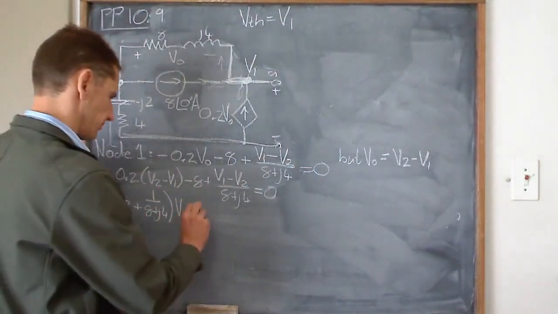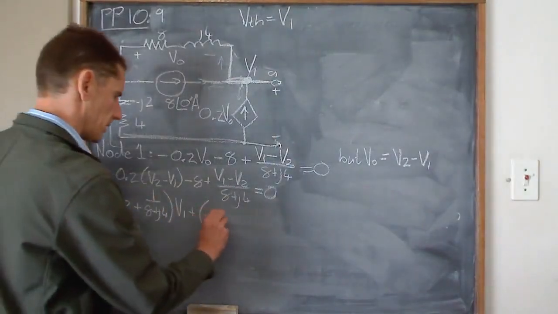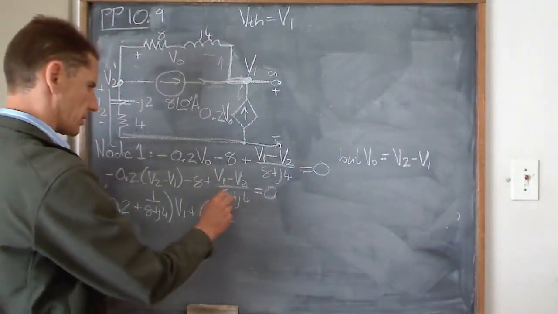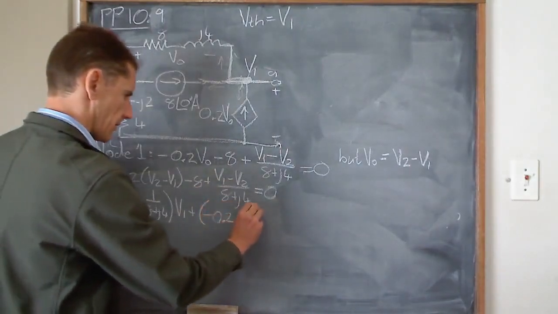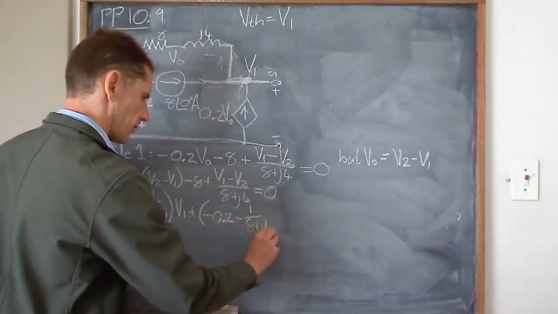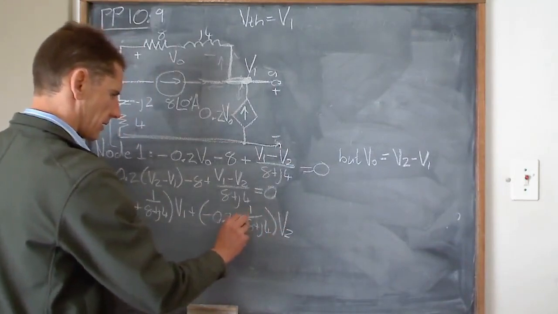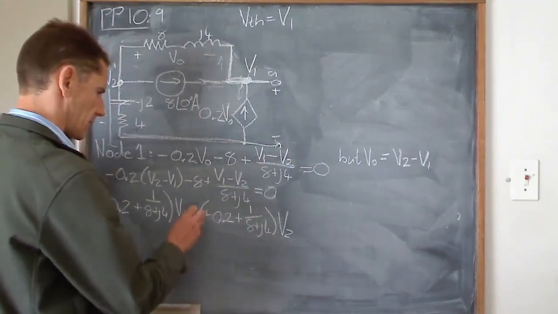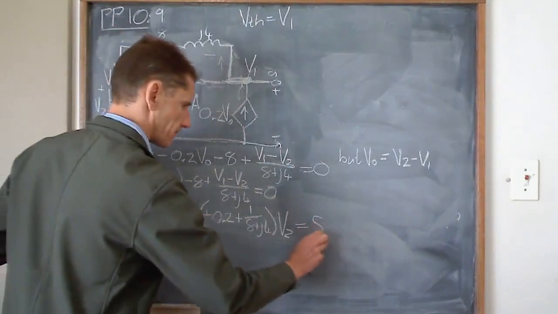The V2s: I've got a minus 0.2 there, and another minus over that, so minus 1 over 8 plus J4 times V2. So that minus can become a plus if we make this a minus. And all of that needs to equal 8.